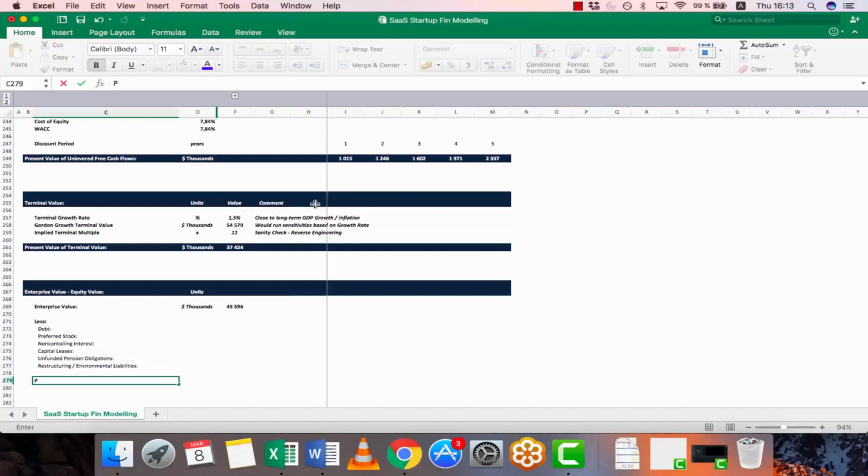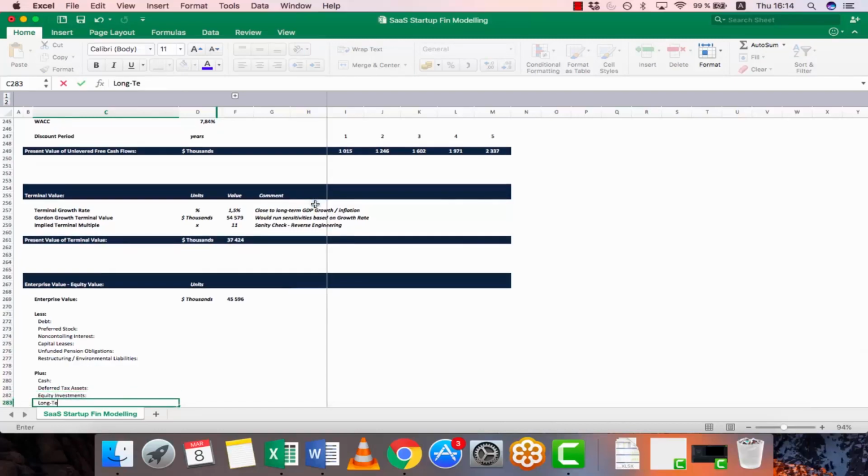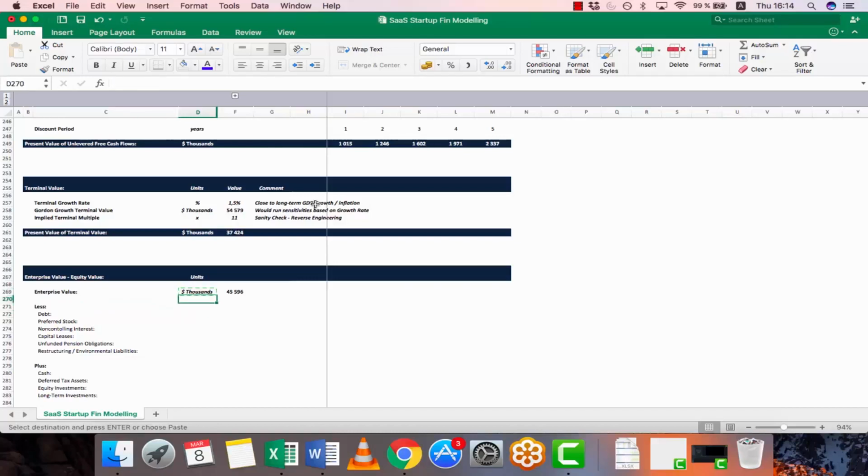And of course, we need to add cash, deferred tax assets, equity investments, and long-term investments. Everything in thousands. Here you go.